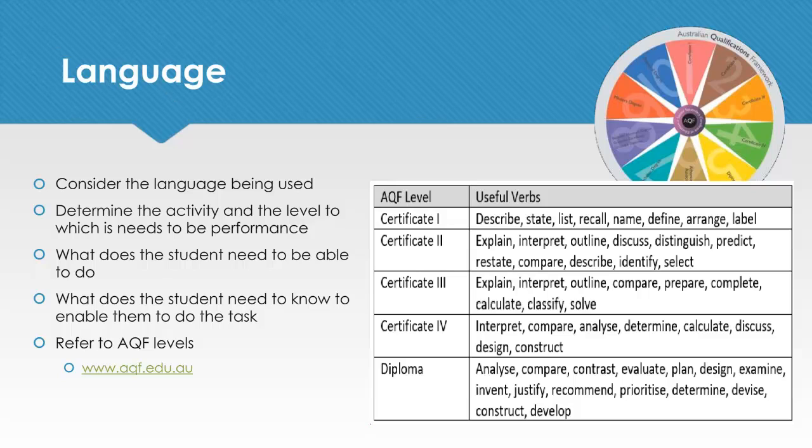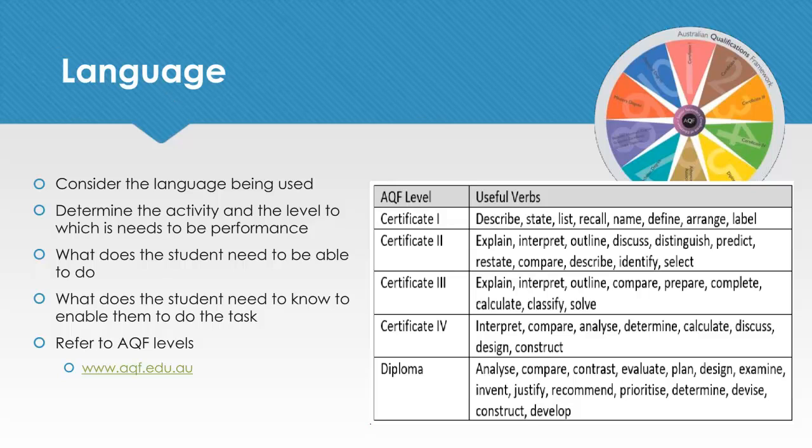When determining the level of difficulty needed in a question, you will have to refer to the unit of competency that you are assessing as well as the Australian Qualifications Framework. The Australian Qualifications Framework, known as AQF, will impact on the type of questions you should be asking.